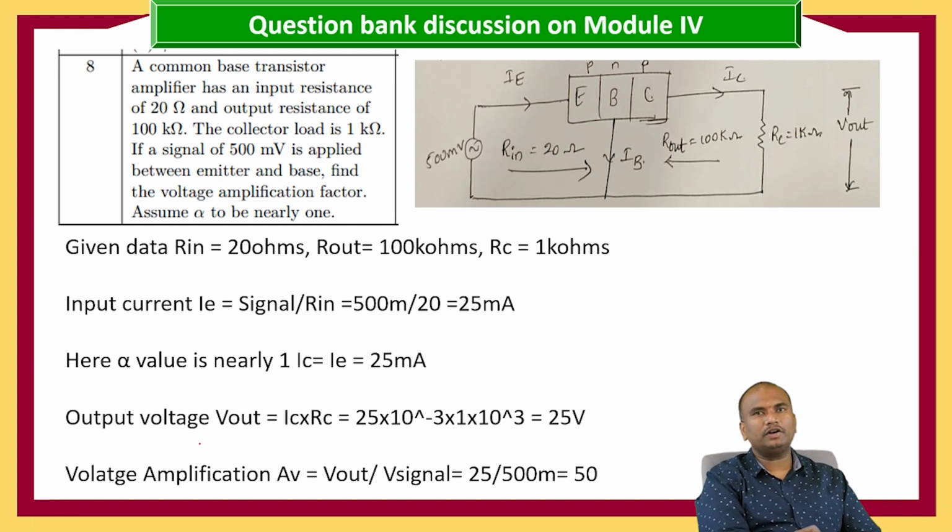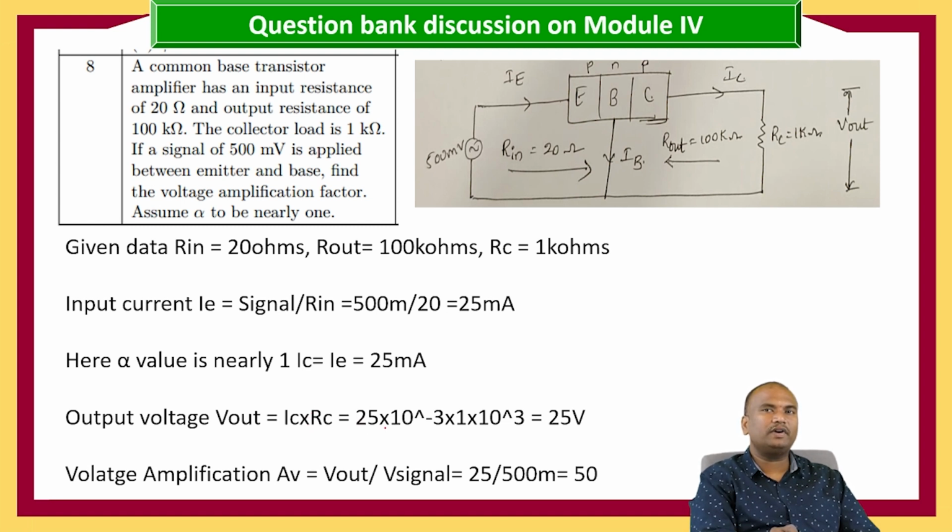Now output voltage V output is equal to output current into output resistance. Here the output current is the collector current into collector resistance.